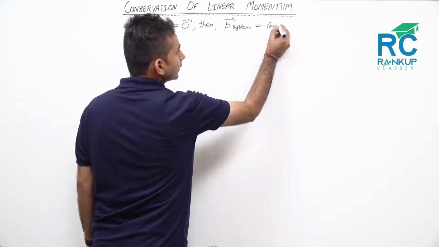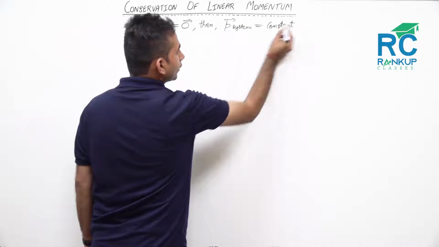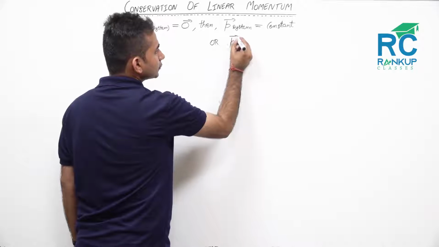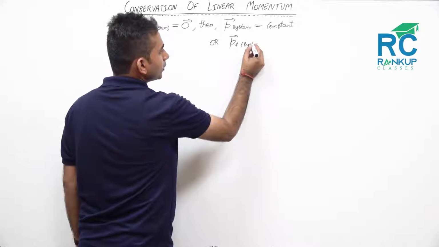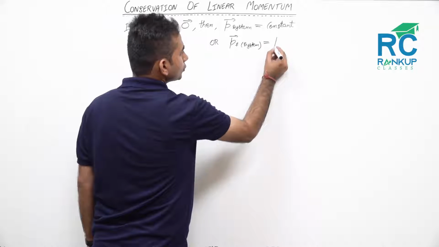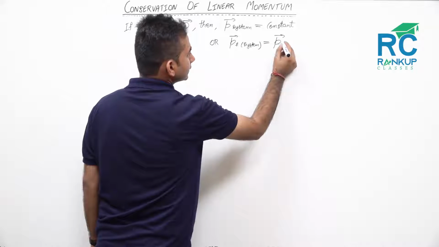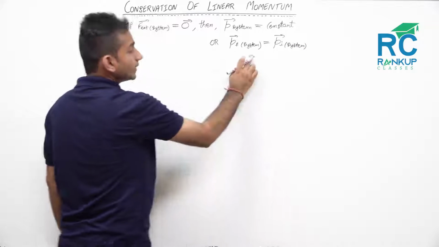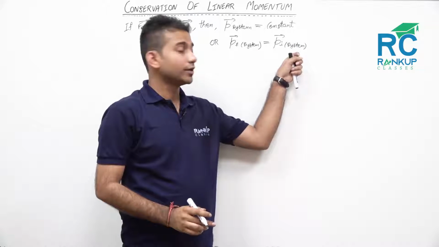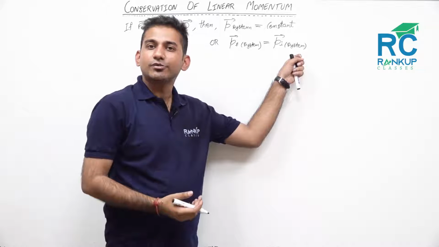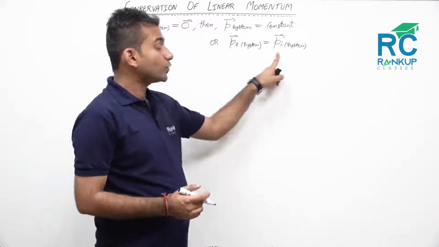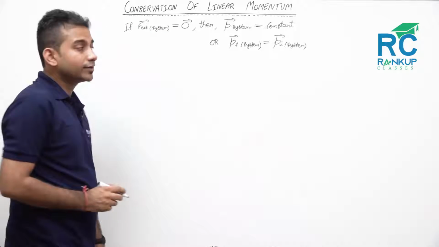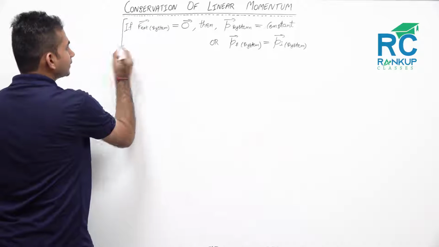Which means you can simply say that whatever final linear momentum of the system you get has to be equal to the initial momentum of the system. Whenever we say that the final physical vector quantity will be equal to the initial vector physical quantity, that is the linear momentum, it means they should be equal in terms of magnitude as well as direction, right? So it is a very fundamental thing.